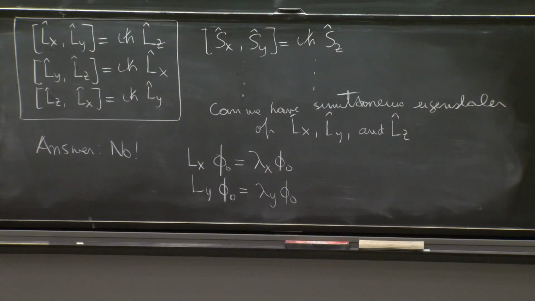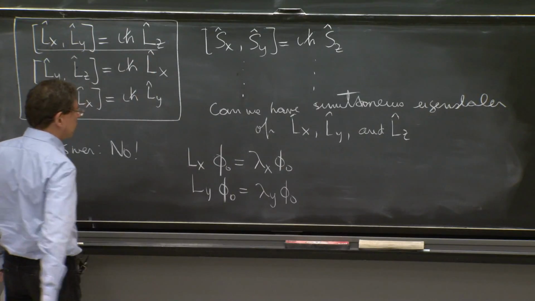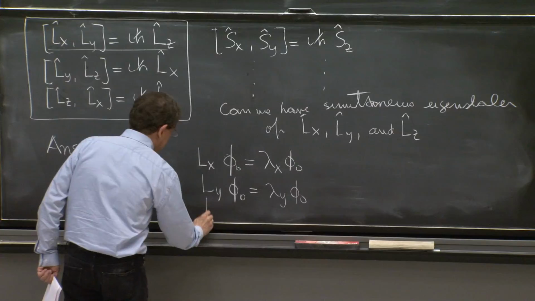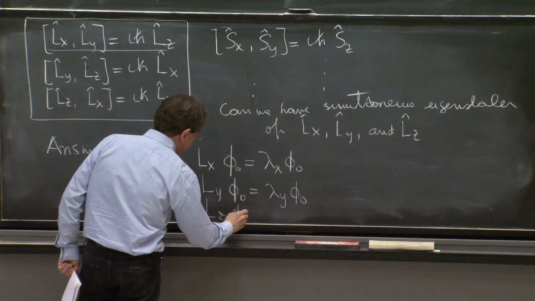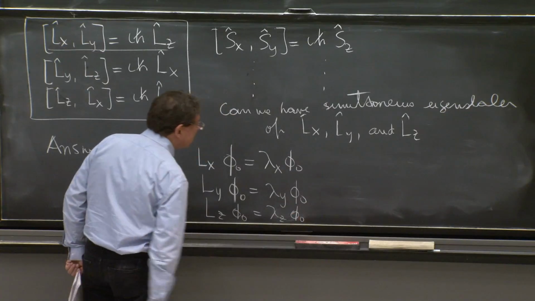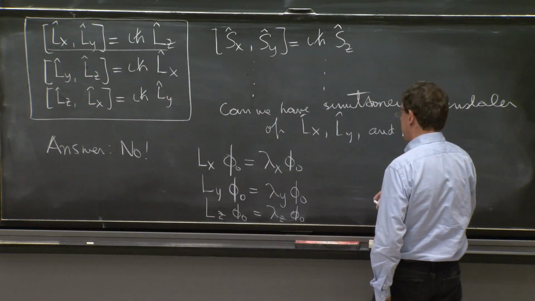Well, we could even say that Lz on phi naught is equal to lambda z phi naught. So what is the complication? The complication are those commutators.